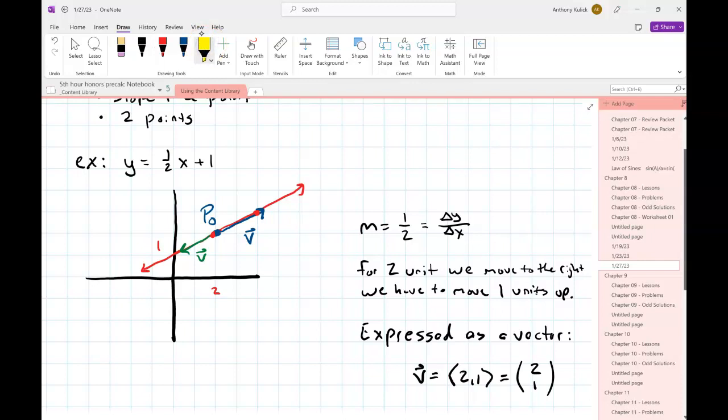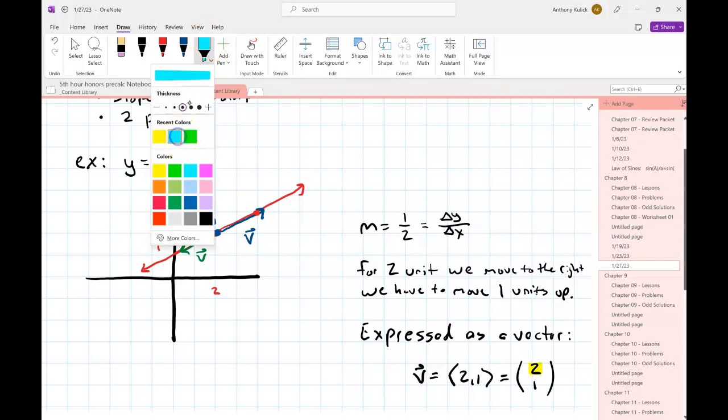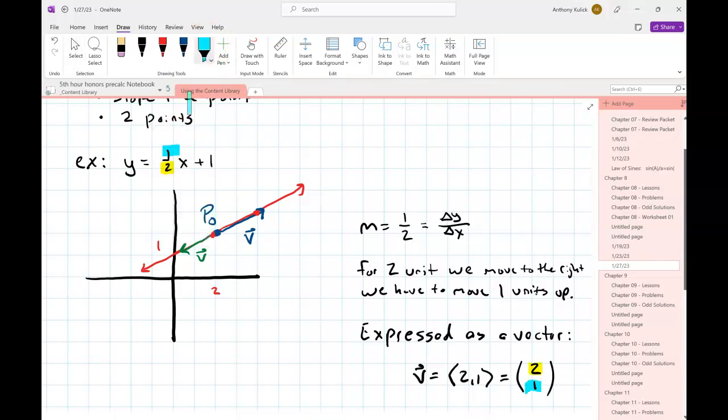Number one place students make a mistake when they take their slope to their line: they put the x's and y's in the wrong spot because they just turn the fraction into the column vector, not thinking that slope is change in y over change in x. So you need to flip the numbers in your slope when you translate that to a vector.